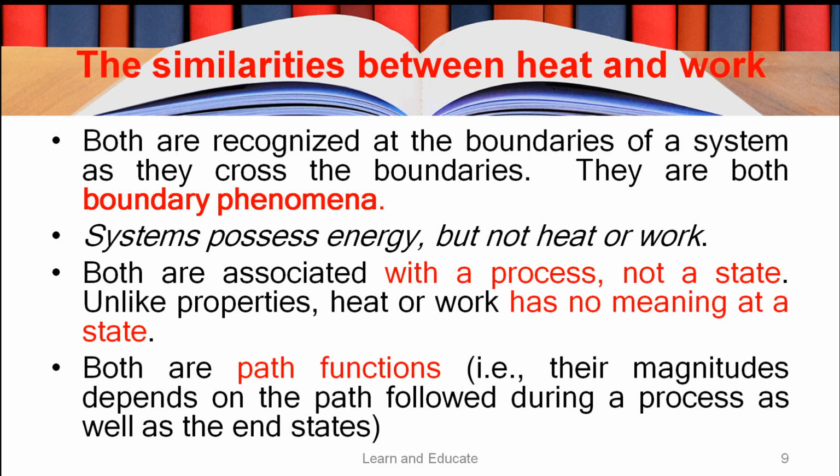All the properties are point functions, but since work and heat are transfer mechanisms at the boundary, there is no meaning in saying a system has this much work or this much heat. That is meaningless to say. So both are path functions. So their magnitudes depend on the path followed during any process as well as the end states, obviously.